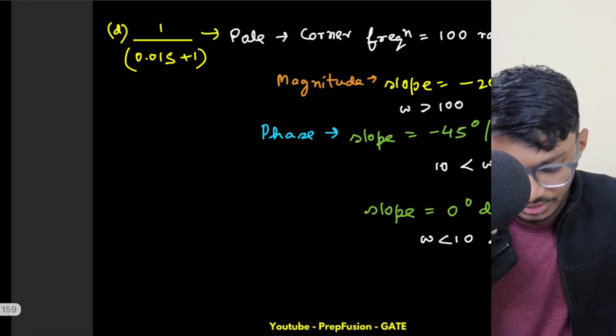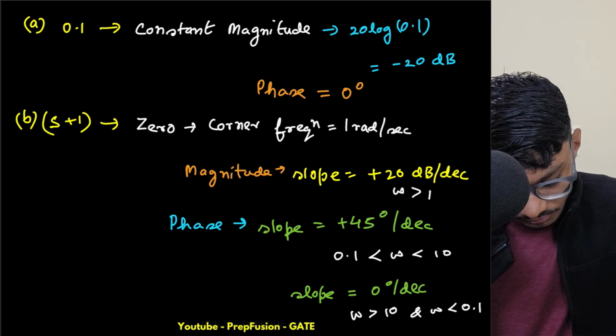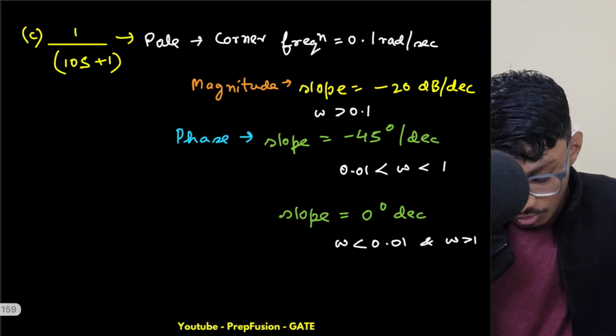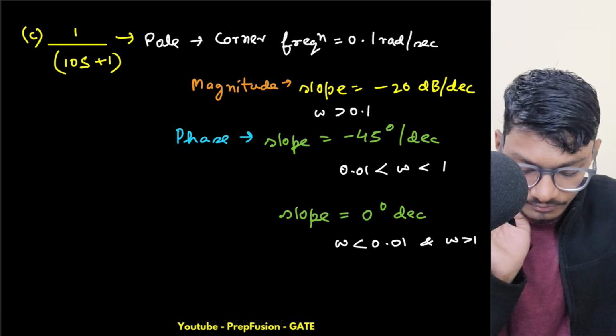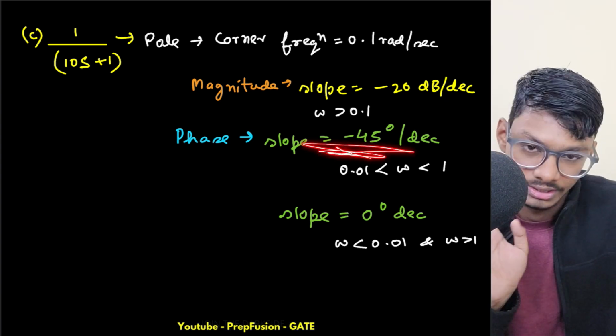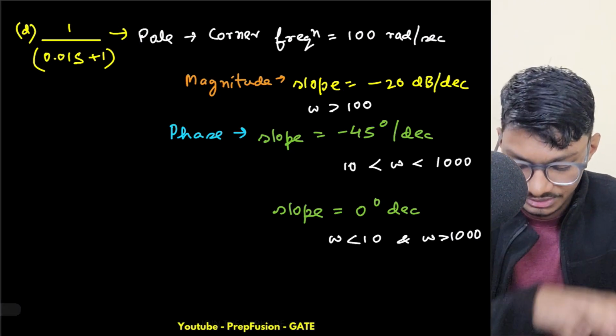Now if you have a 0.1 radian per second, what does that mean? So at 0.1 radian per second, after that what slope are we getting? We are getting minus 20 dB per decade just after 0.1 radian per second, and we haven't reached our 1 radian per second yet.